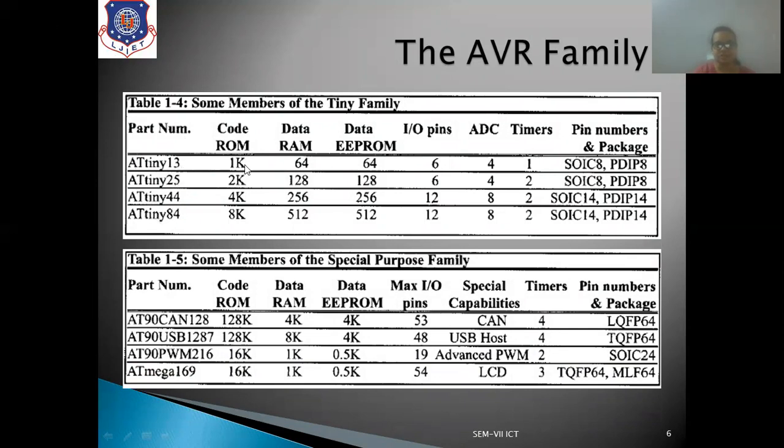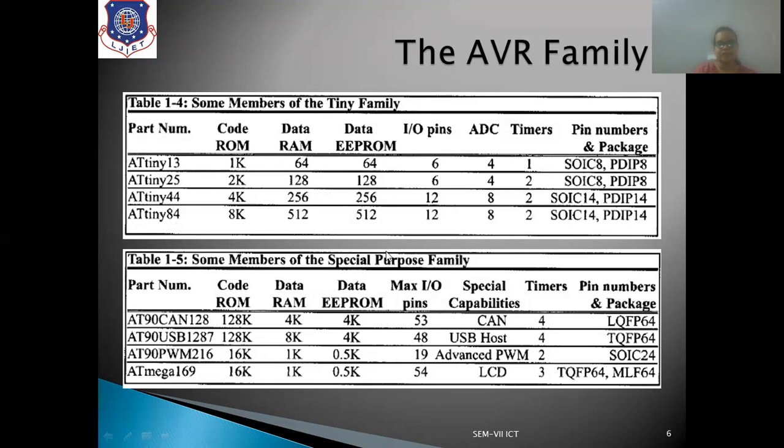The comparison has been done on different parameters. For ATtiny 13, it has a code ROM of 1 KB, 64 bytes of EEPROM, IO pins 6, ADC 4 and timers 1. Then 25: 2K, 128, 128, 6, 4 and 2. For 44, it is 4K, 256, 256, 12, 8 and 2. And for 84, it is 8K, 512, 512, 12, 8 and 2.